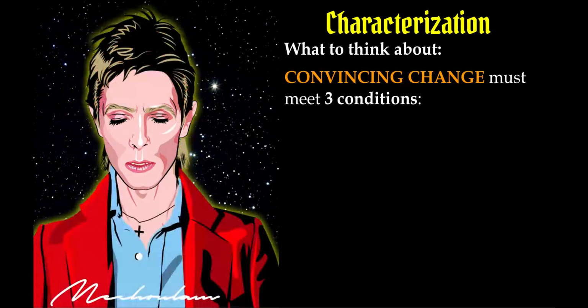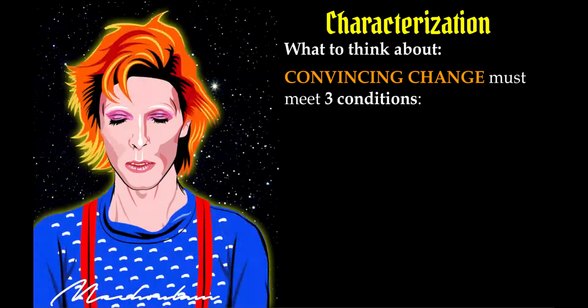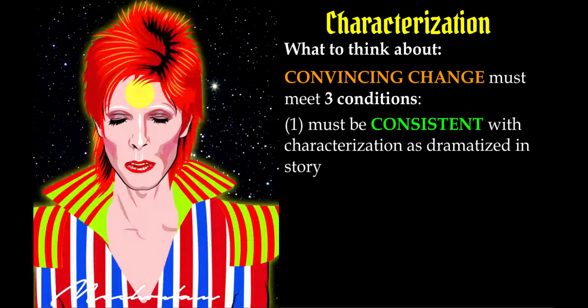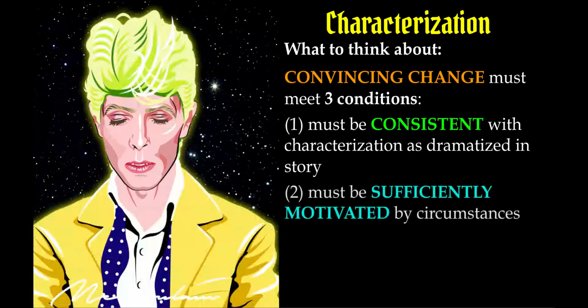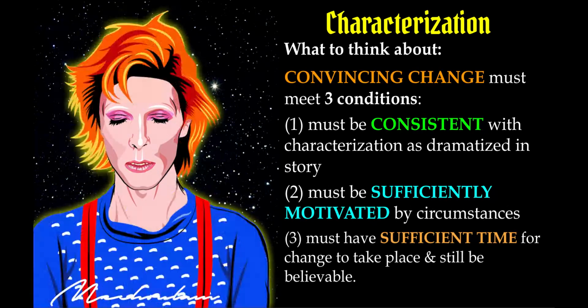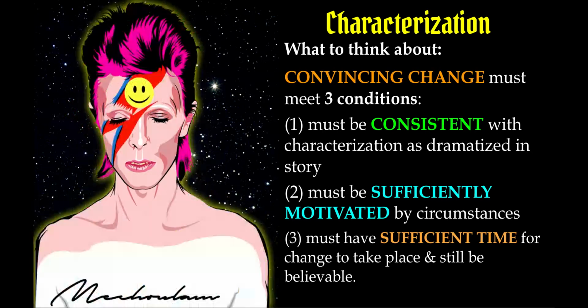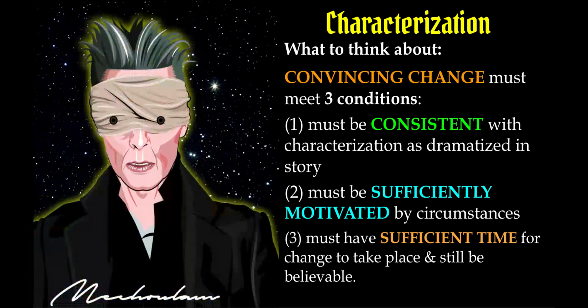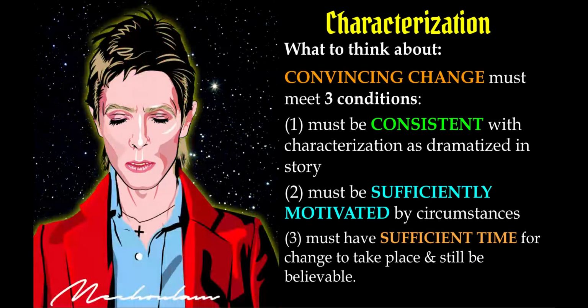And again, to talk about convincing changes, there's three conditions, and it's like the other one. That change needs to be consistent for the dynamic character. It needs to be sufficiently motivated, and there also needs to be sufficient time. So that's a little bit different than the other three that I talked about. So it needs to be consistent. The change needs to be consistent with who they are as a person.